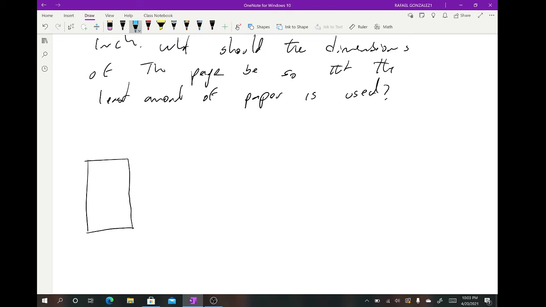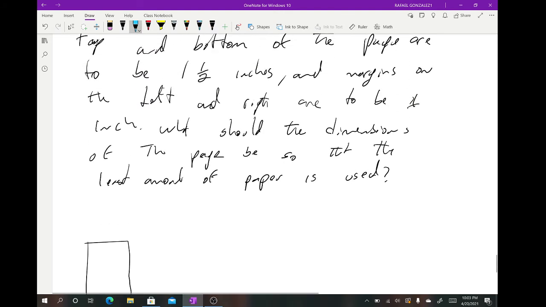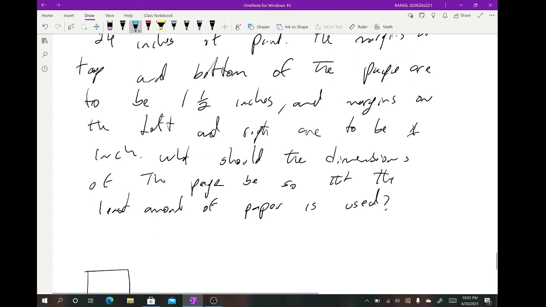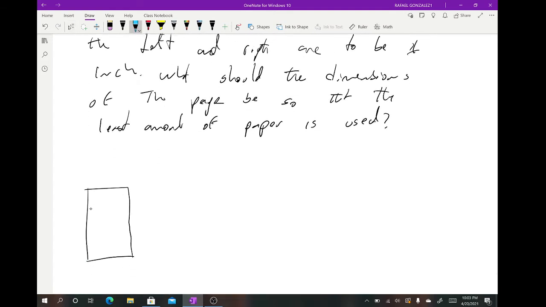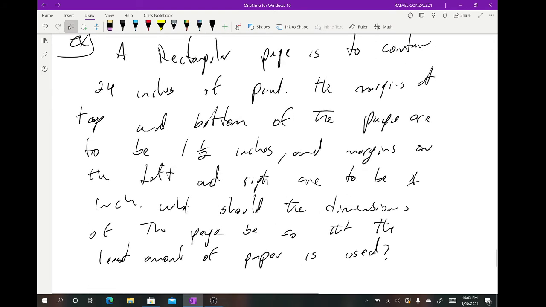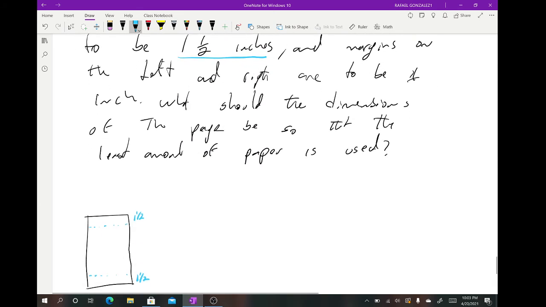Now, we are told that there is a margin at the top and the bottom of the page. When you have a margin, that's just an area where we typically don't write. So we have a margin at the top and bottom of the page, and we're told that that margin is 1.5 inches on both sides. So this is the part where you really have to pay attention.